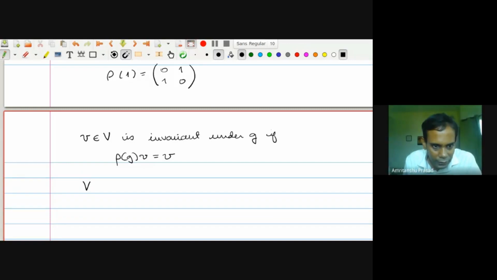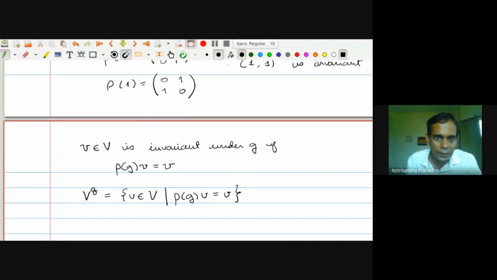And we will write V^g for the space of all vectors v in V such that rho(g)v is equal to v.